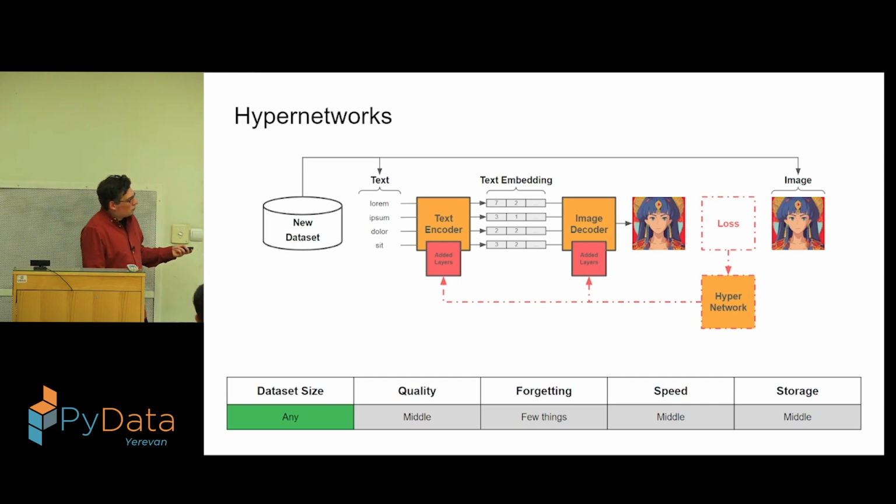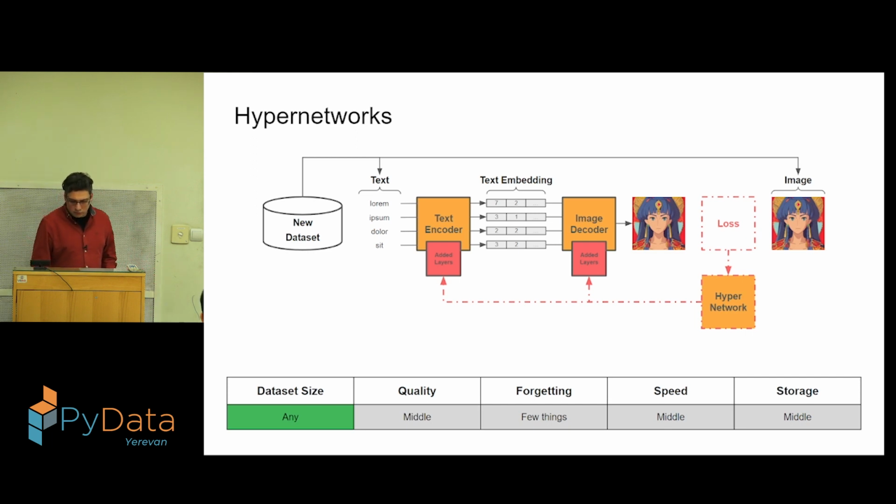And the storage is also middle, because typically the Hypernetwork has slightly more capacity and more weights than the low rank weights before. So this is a middle case.